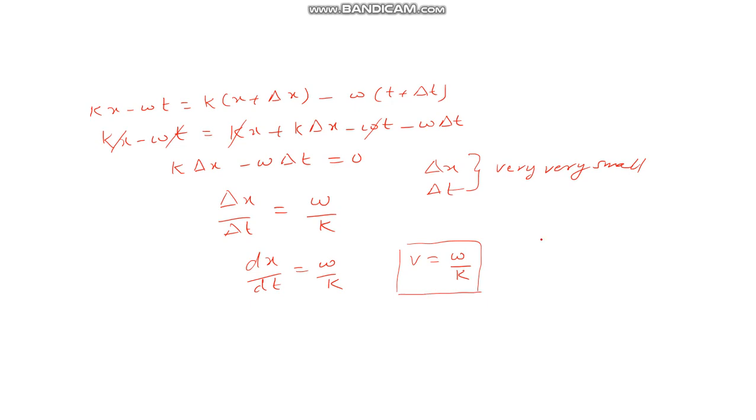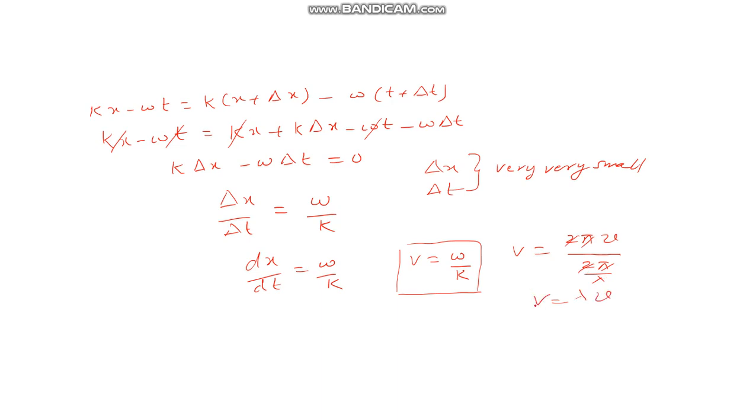But we have already derived omega is equal to 2 pi mu. Omega is equal to 2 pi by T, or 2 pi mu, divided by k, which is 2 pi by lambda. So here 2 pi gets cancelled and lambda goes up, so lambda mu.